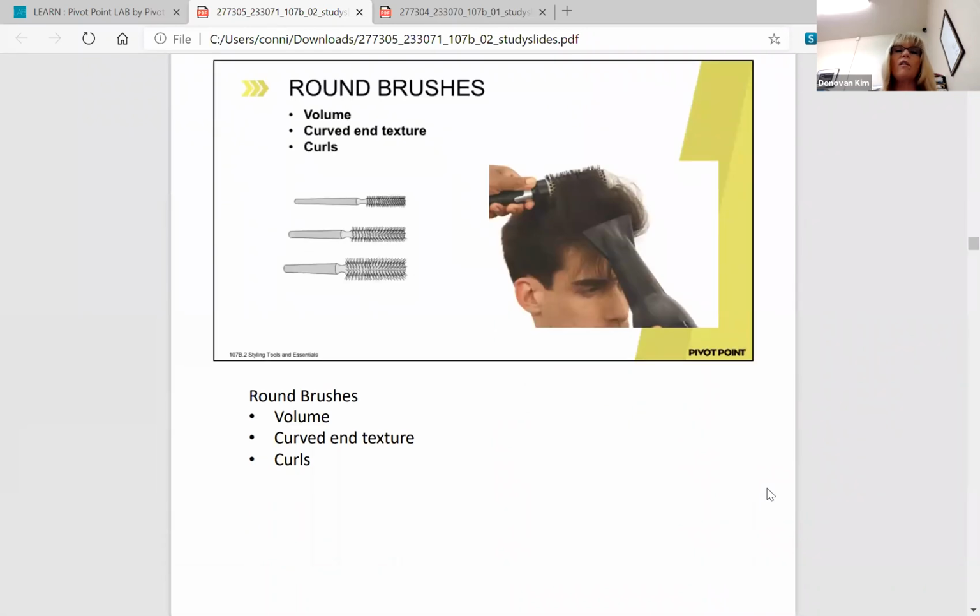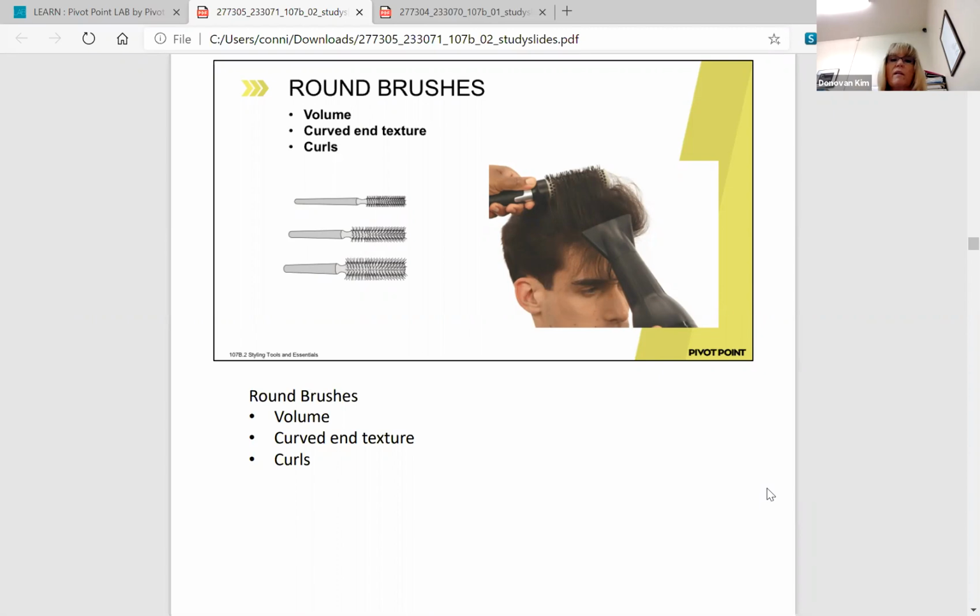Round brushes come in all different sizes. They come with wood handles, like a wood brush with a plastic bristle coming through it. They have metal around the barrel with a synthetic type of bristle.